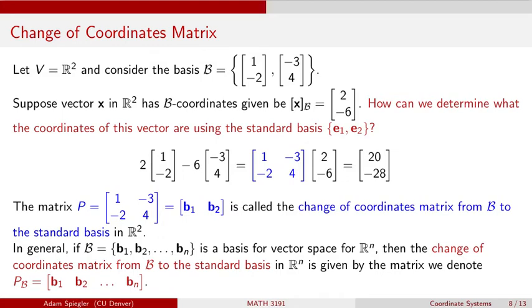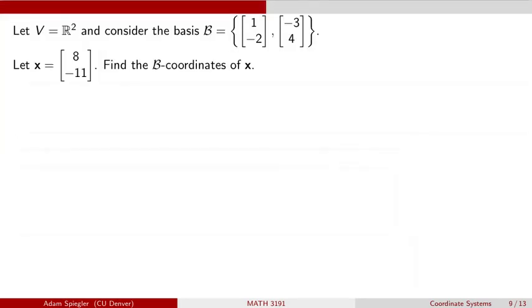So right now we're just working with a change of coordinates from one vector space back into itself. We can use this change of basis matrix that we just defined to go in the other direction. The way that we just defined that change of basis matrix was to go from coordinates in some non-standard basis B back into the standard basis for, in this case, R2.